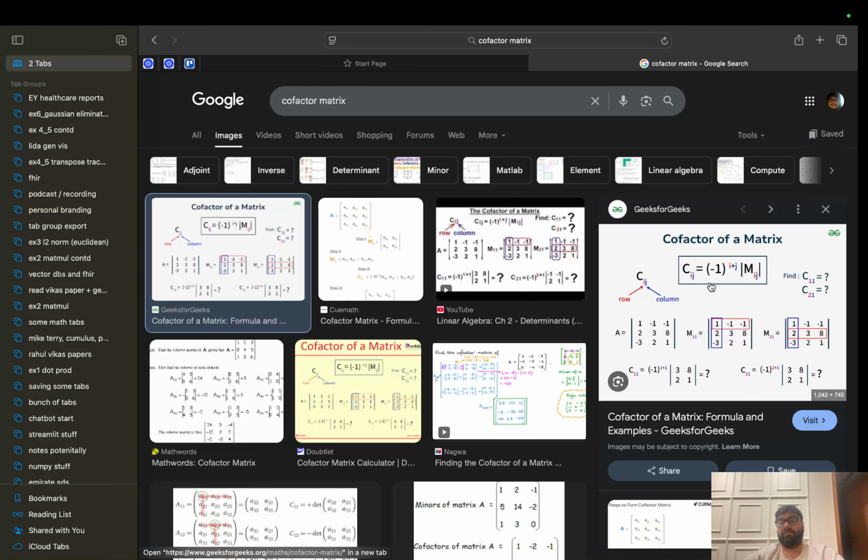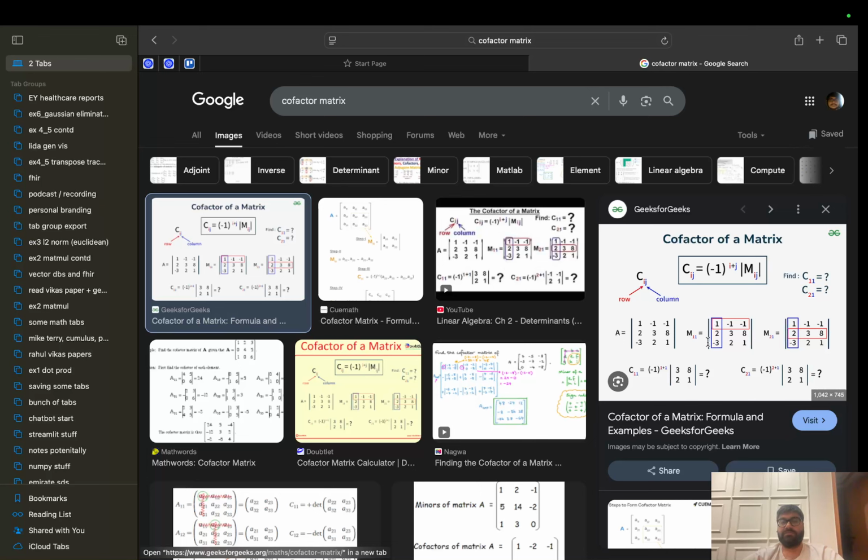That is what the cofactor matrix is. So basically, for example, for M11, you take -1 raised to the power of 1 plus 1, so -1 raised to the power of 2. Sorry, that's just +1, times the determinant of the minor, which would be the determinant of 3821 over here.